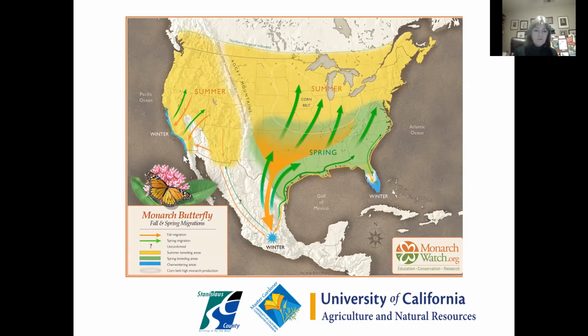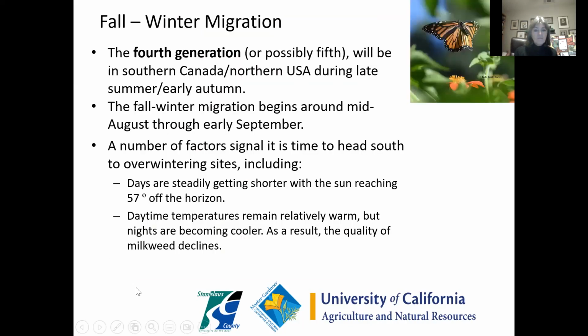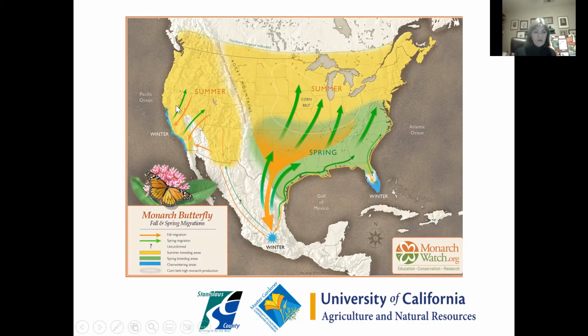Along our coast, we have about 300 sites, where you see in blue there. Santa Cruz has sites, Morro Bay. Last month I went to the site at Pismo Beach. It's one of the largest. There are approximately 30,000 butterflies at that site. And recently, the one at Pacific Grove near Monterey had about 16,000 butterflies.